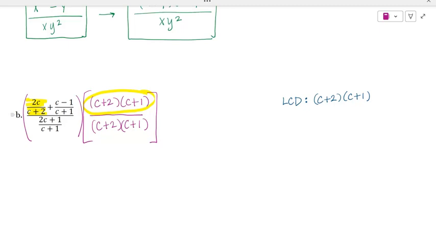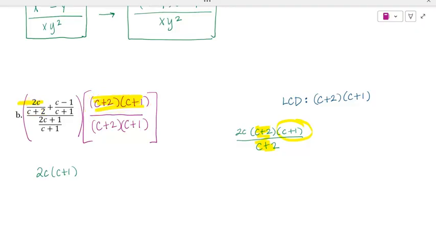When you multiply by a fraction, the object that's over here on the right is actually going to end up in the numerator. So it'll look like 2c, c plus 2, c plus 1 over c plus 2. And what I'm really doing is asking myself, what over here can cancel with that denominator? And it's the c plus 2. That c plus 1 is still left over. So after I multiply those two, I'm going to have 2c times c plus 1.